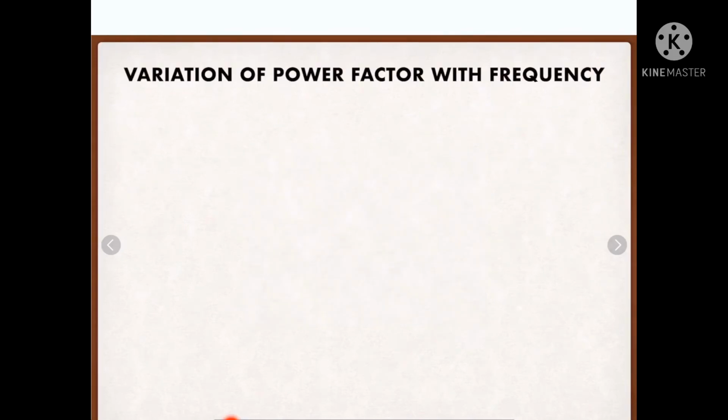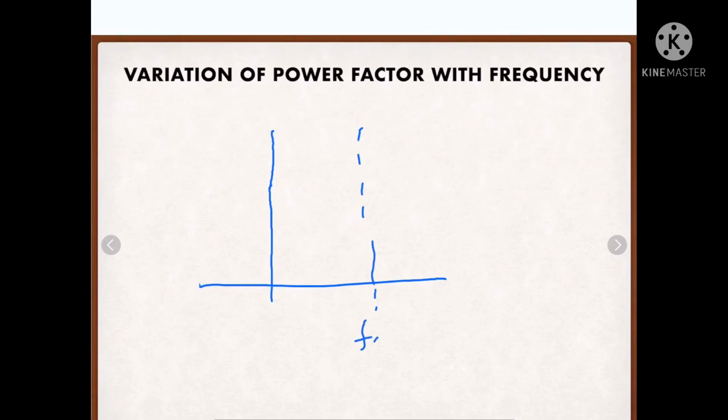Okay, now we will go for power factor. For power factor, we get almost the same kind of relation as we are getting in the current. So the same kind of graph is also there, that is f naught, and power factor will be here. I hope you remember at resonance power factor will be maximum. Yes, it will be unity.